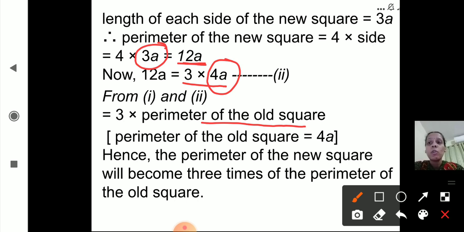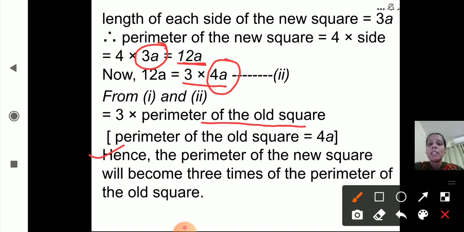Therefore, from 1 and 2, the perimeter of the new square is equal to 3 multiplied by the perimeter of the old square. Means the perimeter of the new square will become 3 times the perimeter of the old square. Hope we are clear with this sum.